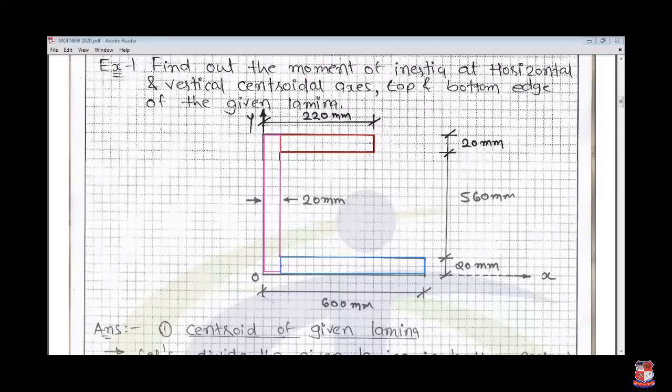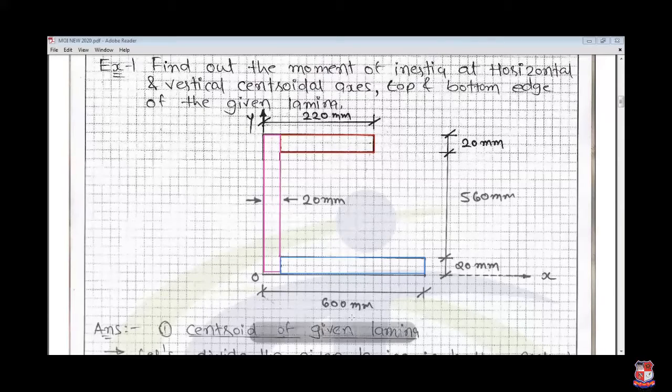If someone wants to extend some of the parts, saying, sir, I want to take this part also in this object, you can take it, no problem. Same way here, if someone wants to take this part, you can take it, no problem. So you can either take the full shape or some of the half shape to find out your centroid. Now you have to remember where its centroid is located.